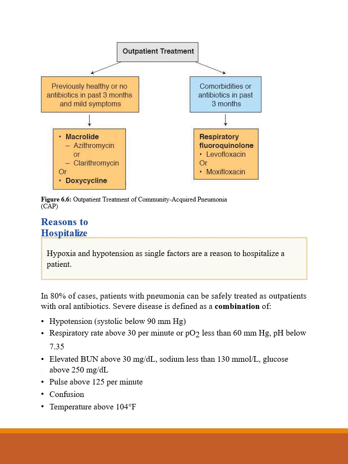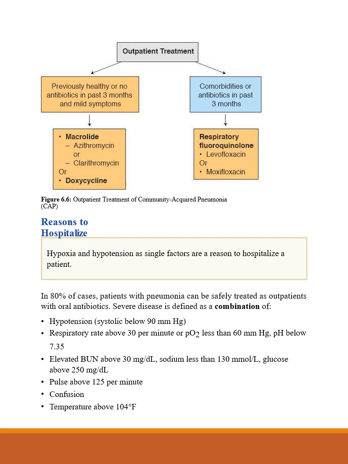Next slide talks about figure 6-6, talks about outpatient treatment of community-acquired pneumonia, CAP. On the left side, we have previously healthy or no antibiotics in the last 3 months or mild symptoms.